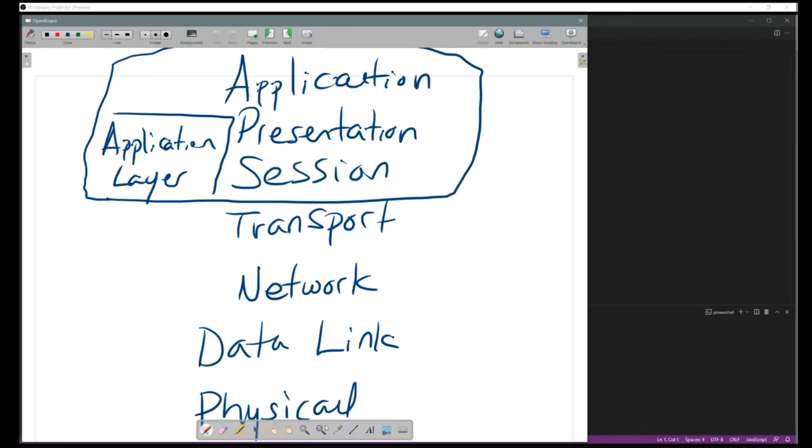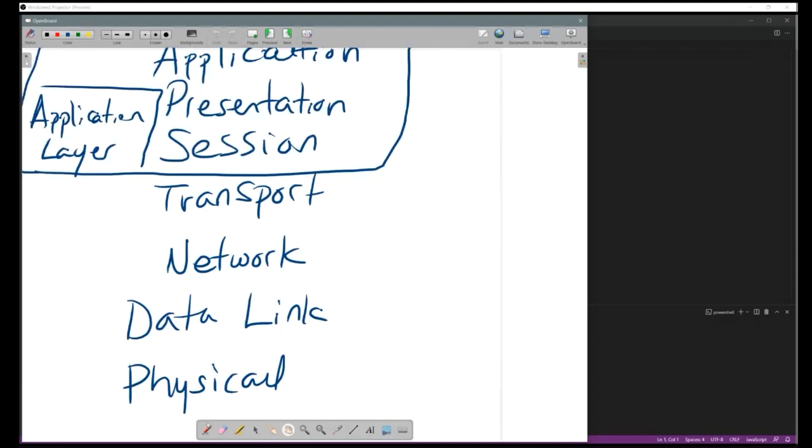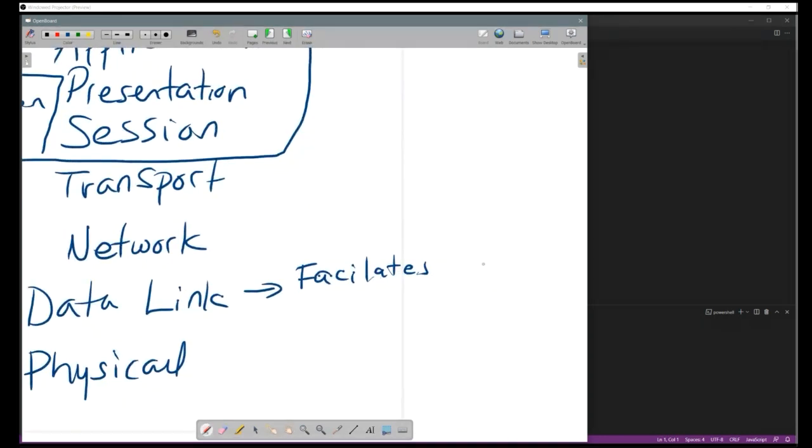For instance, the data link layer is in charge of delivering messages across a single hop. If you have a computer that's directly connected to another computer, that would be a single hop, or a computer connected to a router, that would be a single hop. And so the data link layer facilitates delivery across a single hop.